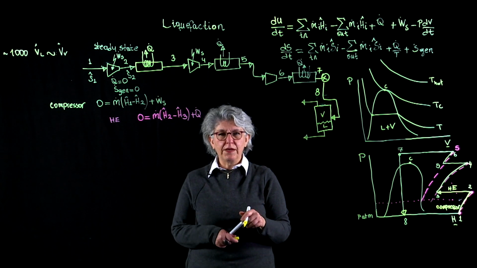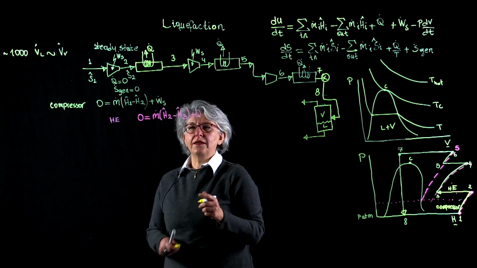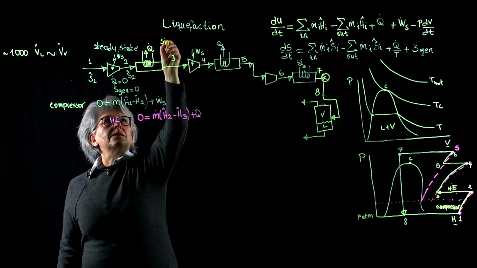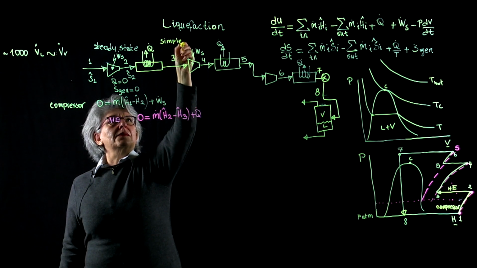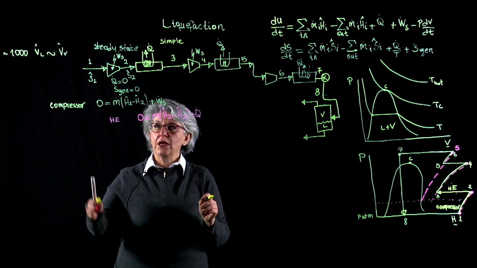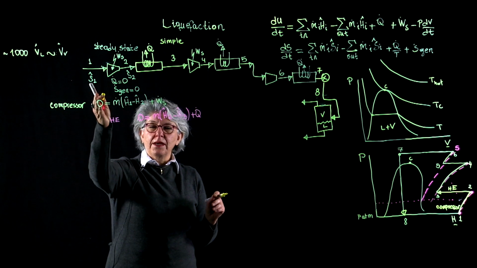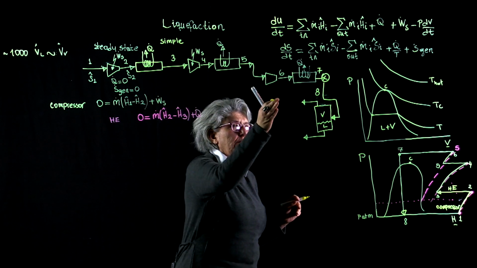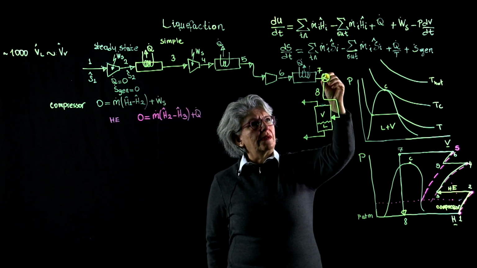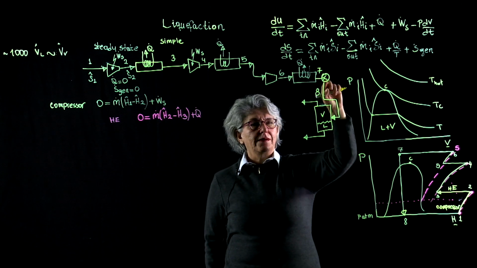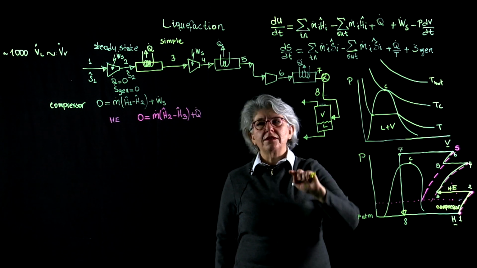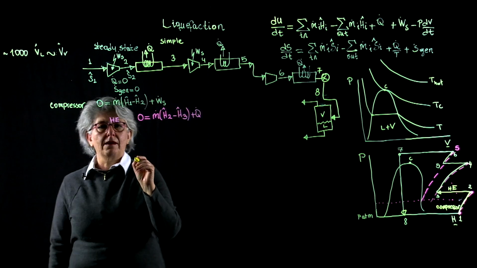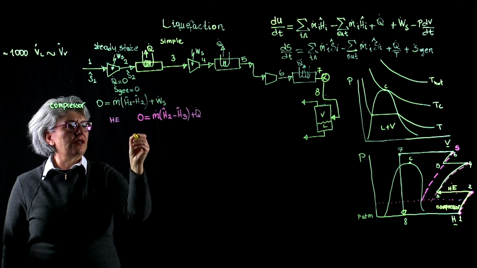What I drew here is the simple liquefaction process. I just take air, compress, cool, compress, cool, compress, cool. Then constant enthalpy throttling. So let's write the energy balance for the throttle. Compressor, heat exchanger, so let's write throttle here.